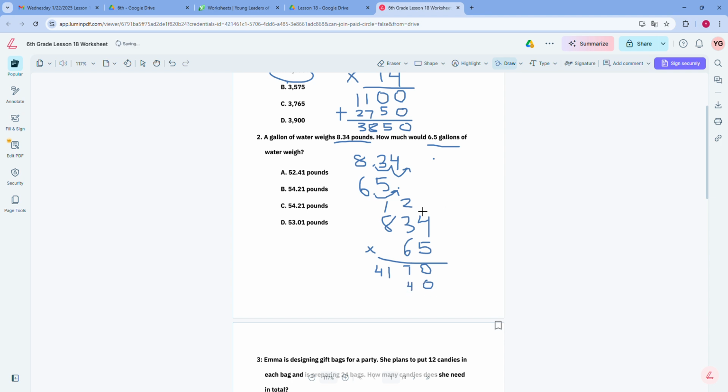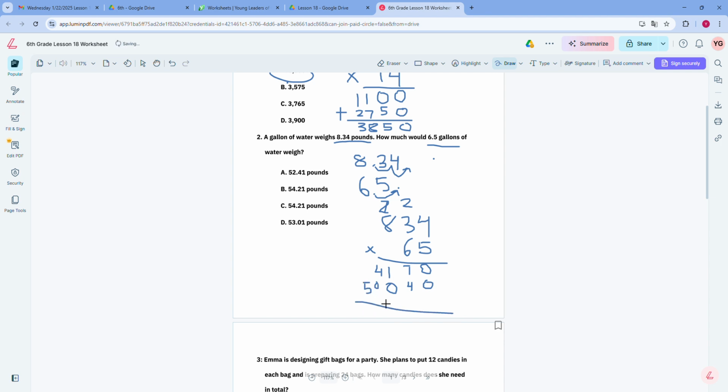You put the 4 here, put the 2 up here. 6 times 3 is 18, plus 2, that gives you 20. And then 6 times 8 is 48, and 48 plus 2 is 50.